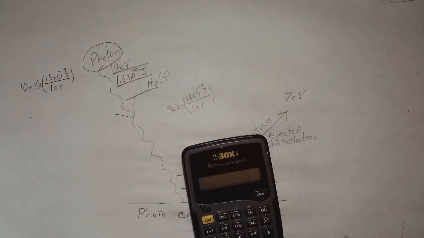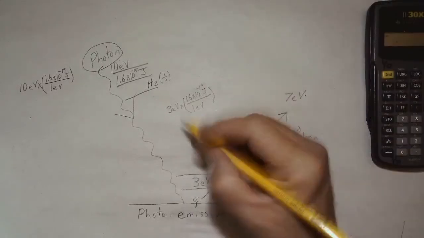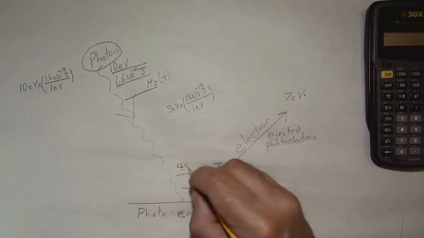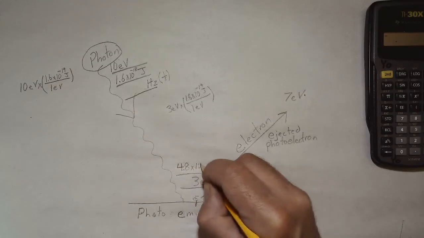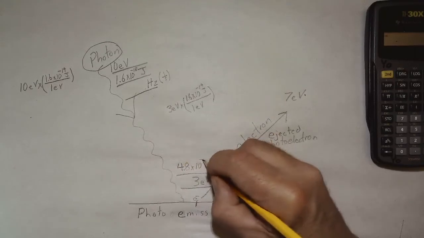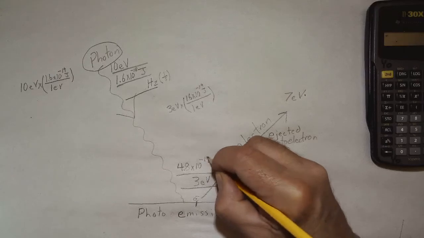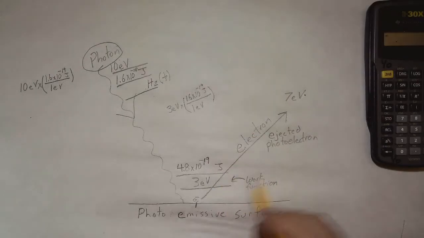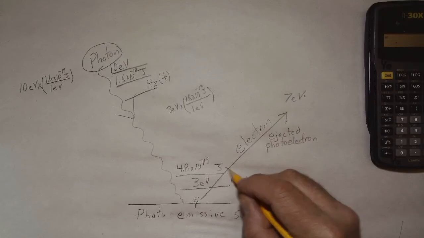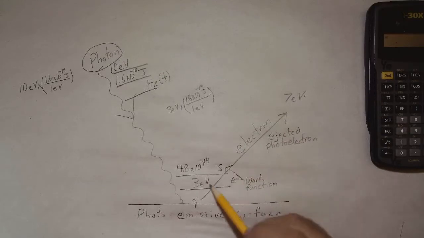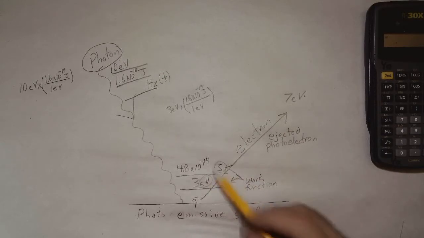So 3 times 1.6 EE 19 minus 4.8. So 4.8 times 10 to the minus 19th joules. Beautiful. So the work function is expressed in the amount of work, which can be both electron volts or joules.